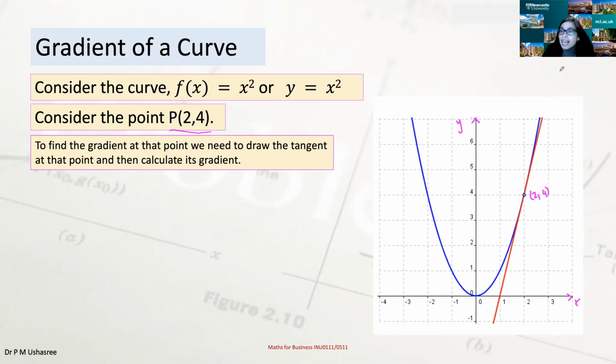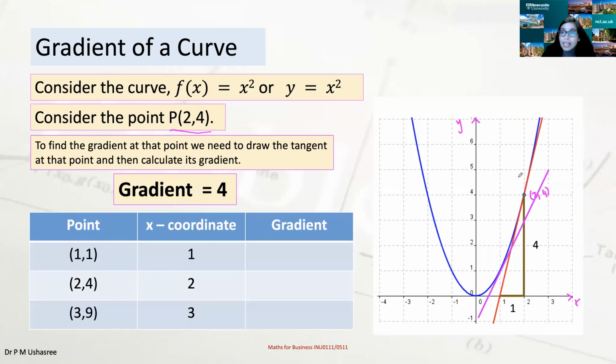By drawing a tangent at that point and then finding the slope of that tangent. So for the point (2, 4), it's going to be 4 over 1. Let's say the m for this point is m a. So m a is going to be 4 over 1.